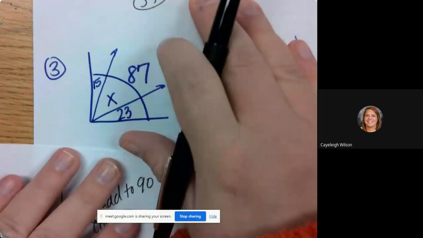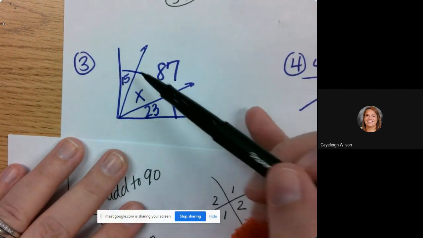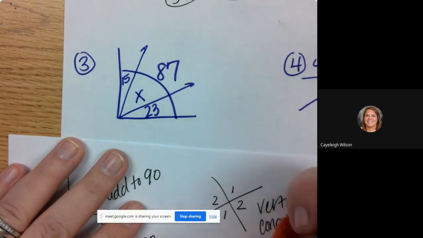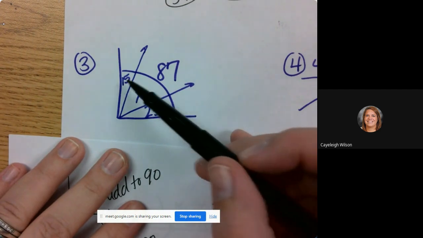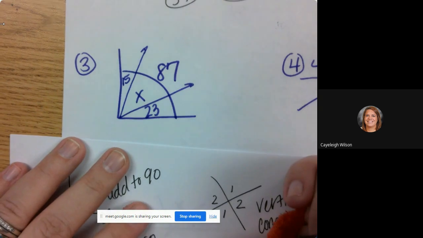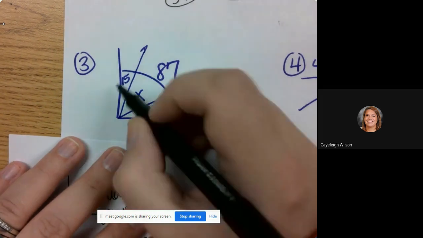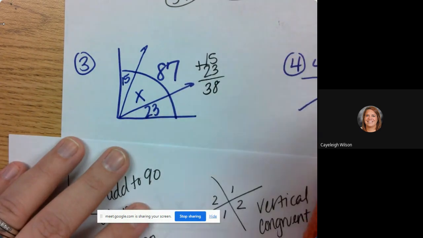All right, moving on. Let's look at this one here. They're telling me that from this side all the way to this side is 87 degrees, and they want us to find this. So I know that this 15 plus this x plus this 23 has to be 87. These two together, 15 plus 23, is 38.